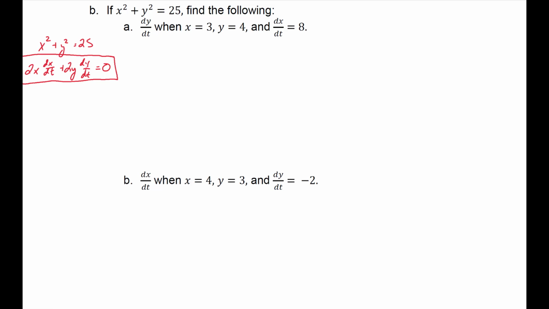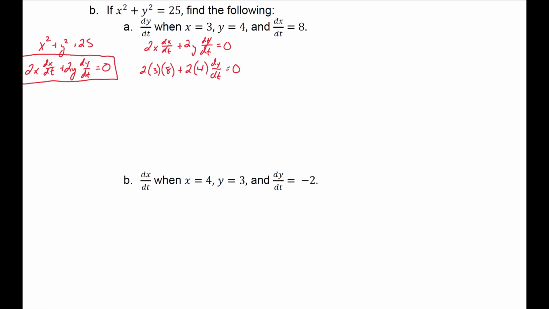So where do we go from here? We use that equation just like before: 2x dx/dt plus 2y dy/dt equals 0. Now substitute everything we know. In this first one, x is 3, so 2 times 3 times dx/dt, which is 8, plus 2 times y, which we're told is 4, times dy/dt, unknown in this case, equals 0.